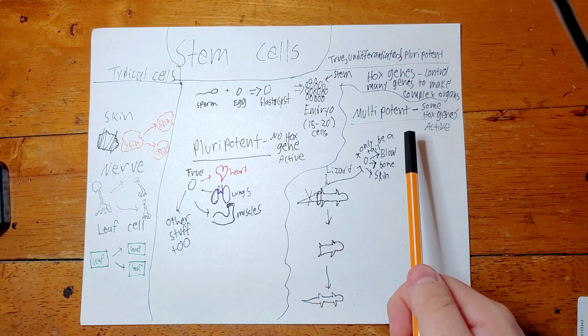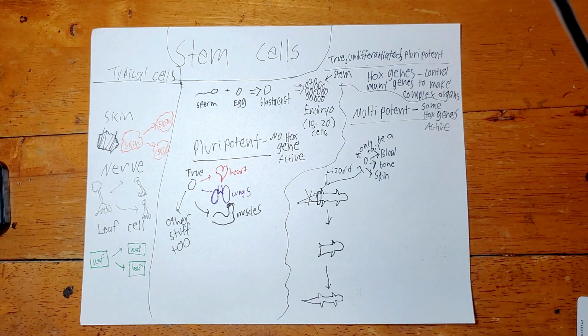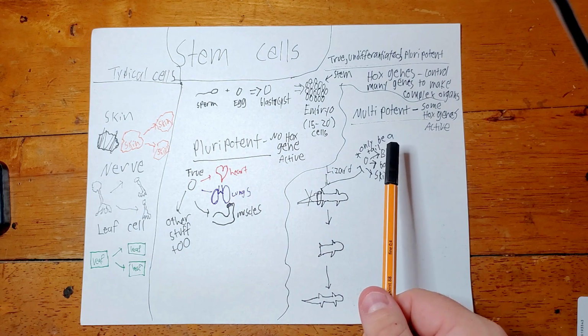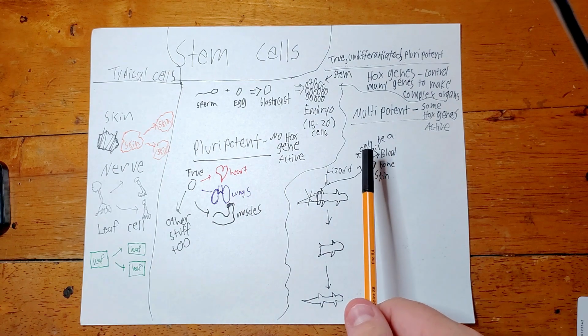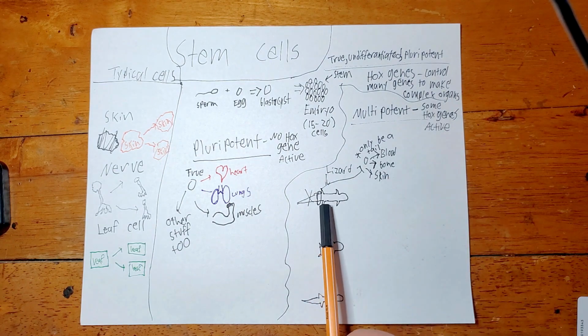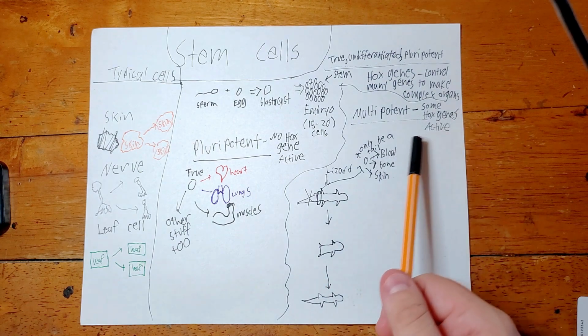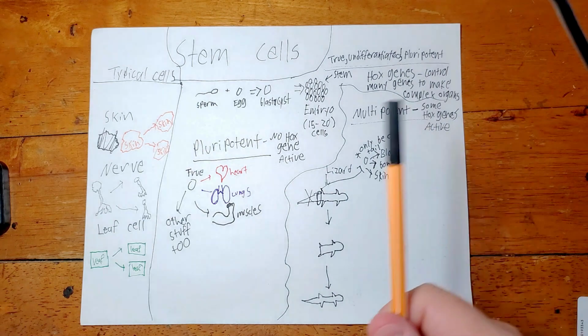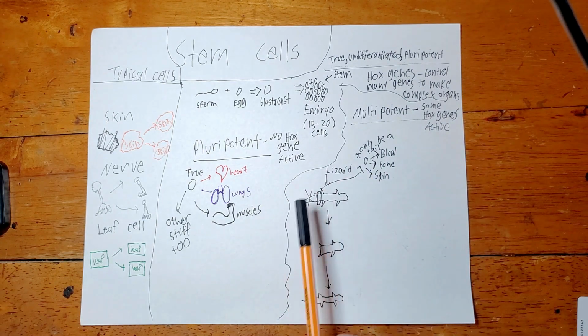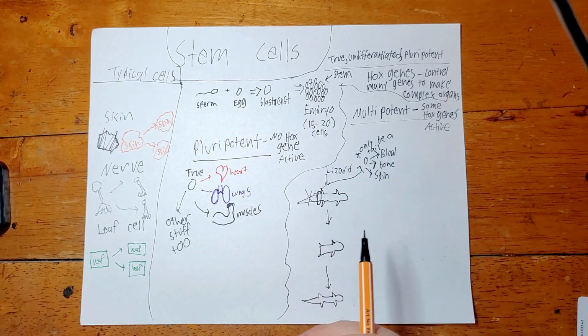If you look at a lizard and they lose their tail, they can regrow it because they have multipotent stem cells in their tail, which will allow the tail to regrow.